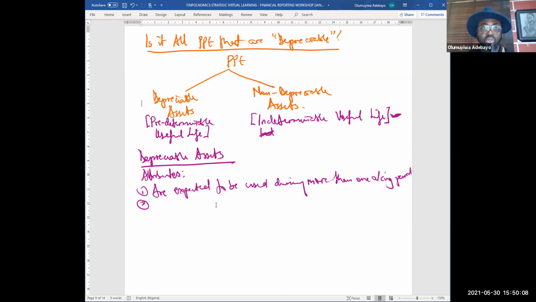Two, these are assets that have a limited useful life.